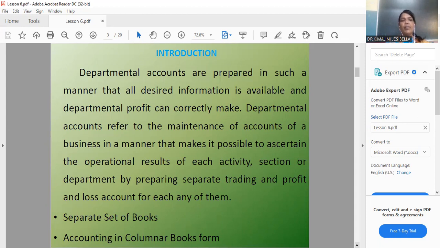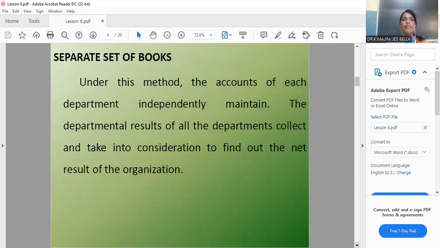There are two methods: the first one, separate set of books, the second one, accounting in columnar books form. First, we see the separate set of books. Under this method, the accounts of each department are independently maintained.